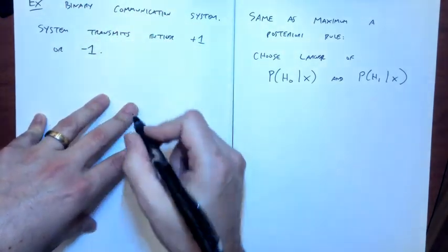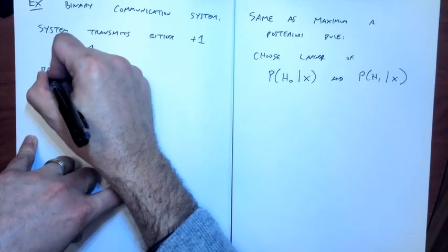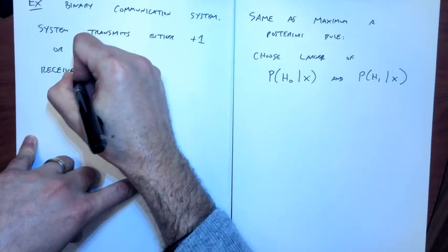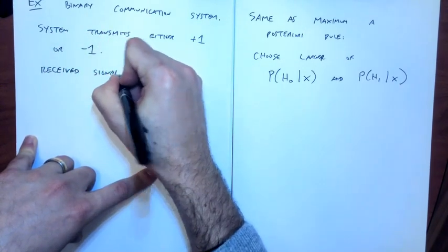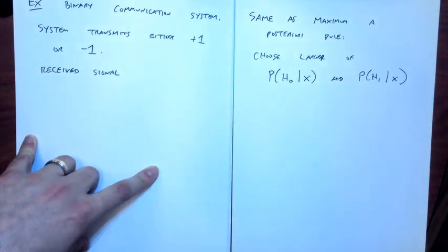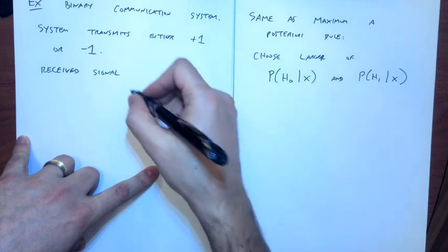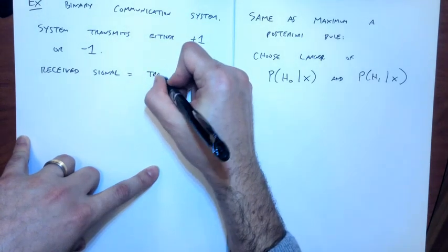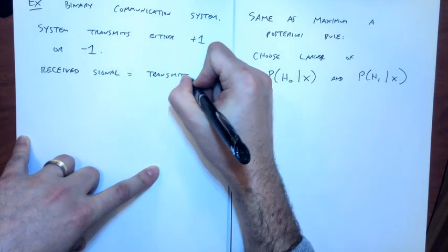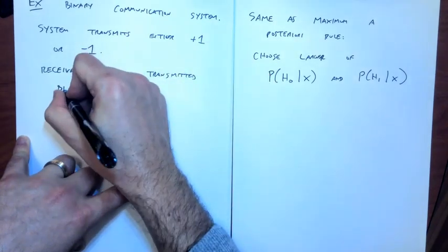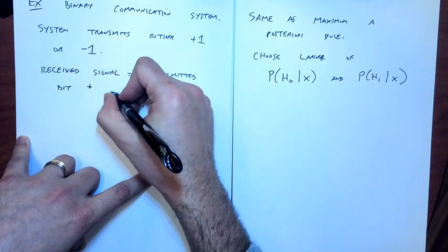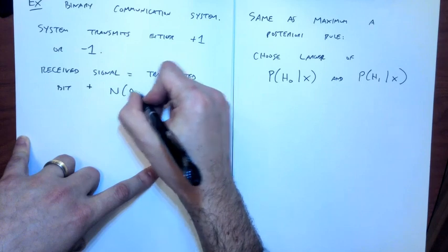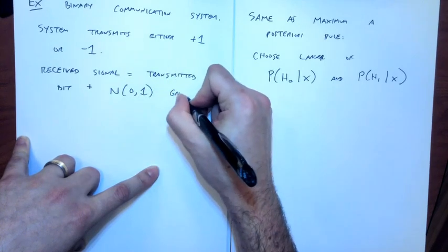And the thing that you get on the other side, the received signal, as is typical, gets noised up with some sort of a probabilistic thing that's added to my original bit. So basically, the received signal is the transmitted bit plus some sort of Gaussian noise.